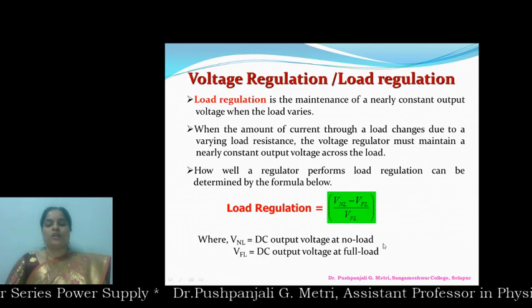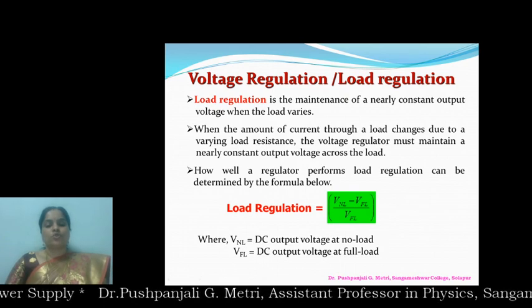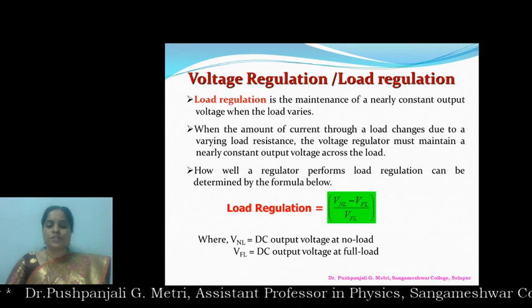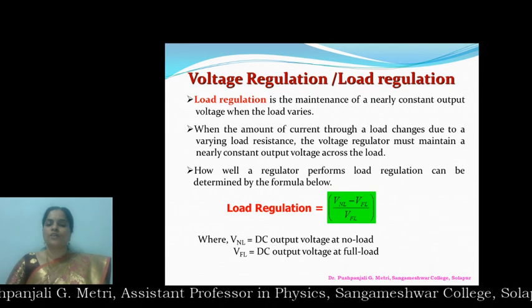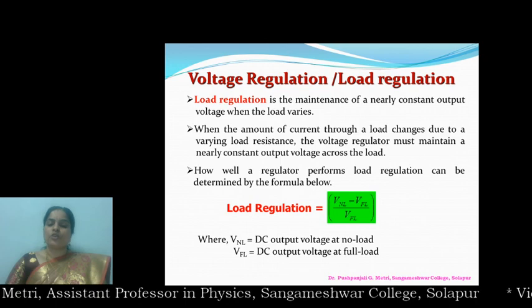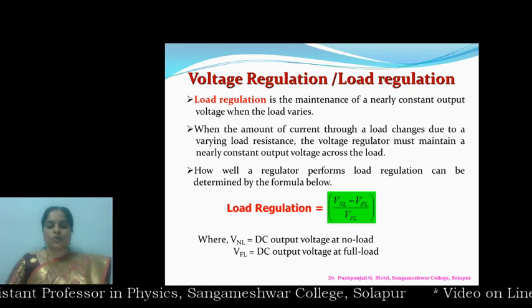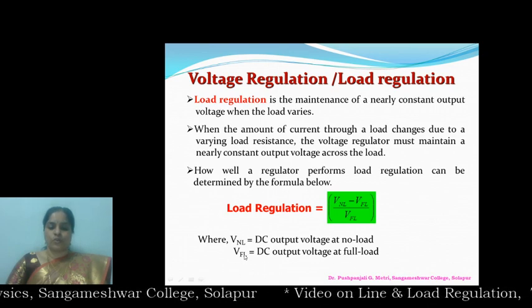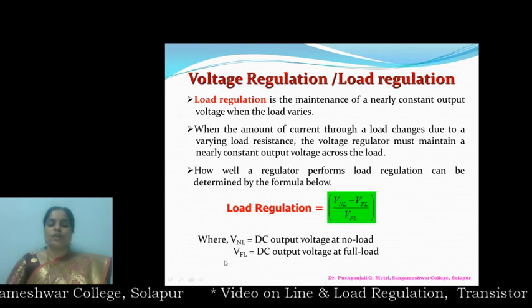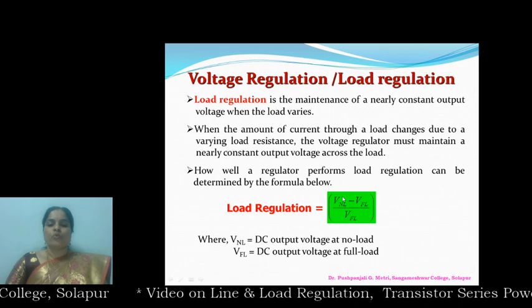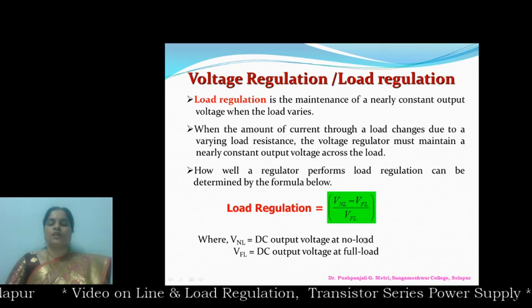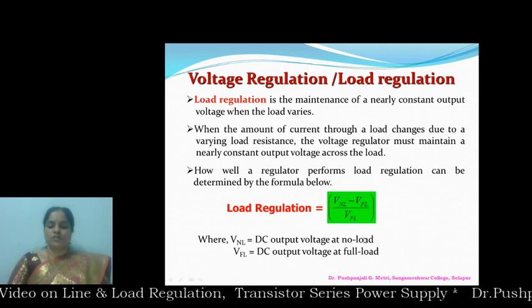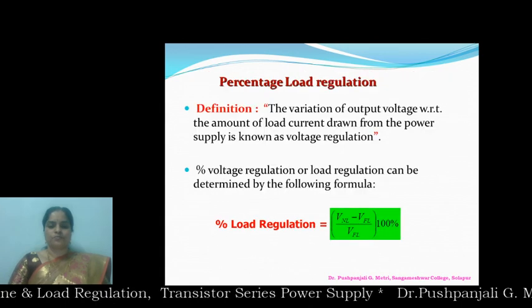That means when no load is connected to the regulated power supply, that voltage is considered as V NL. When the load is connected to the regulated power supply, the DC output at that time is considered as V FL. V NL minus V FL to the V FL will give us the load regulation.